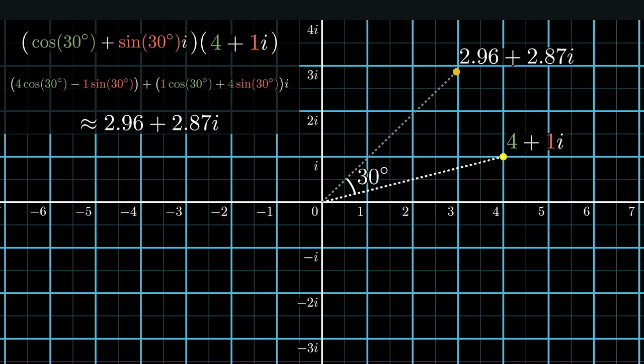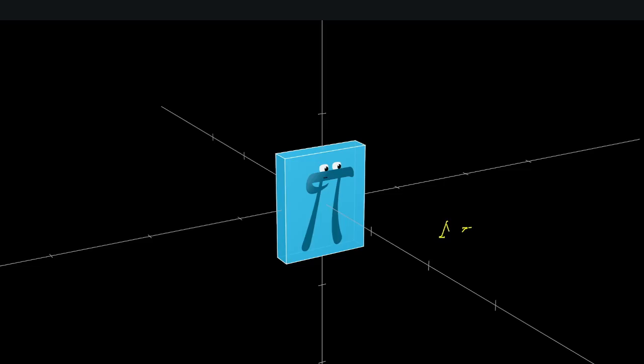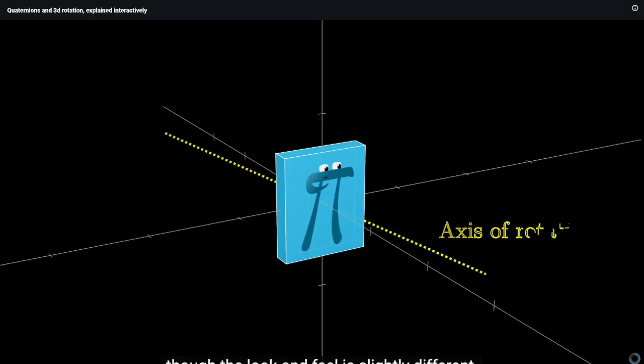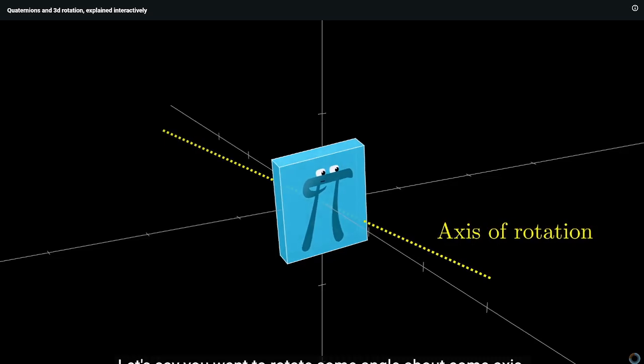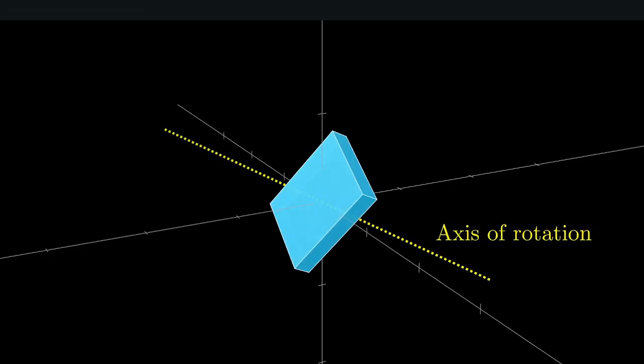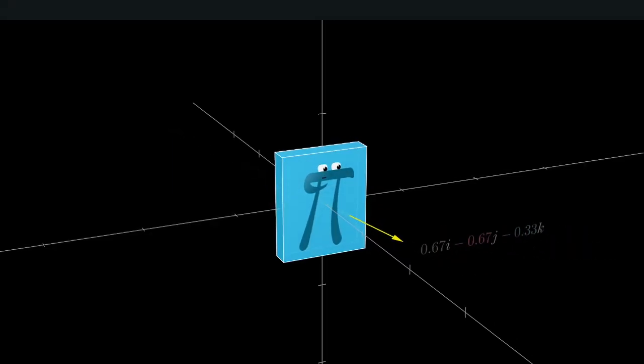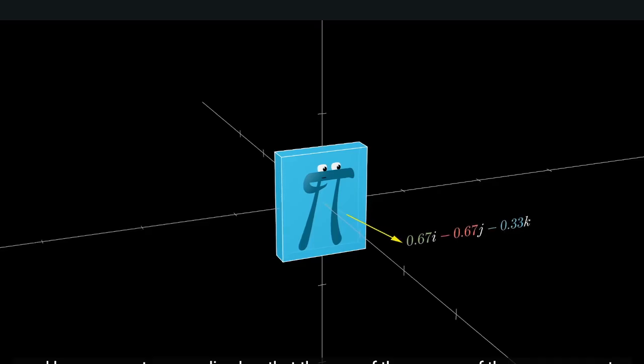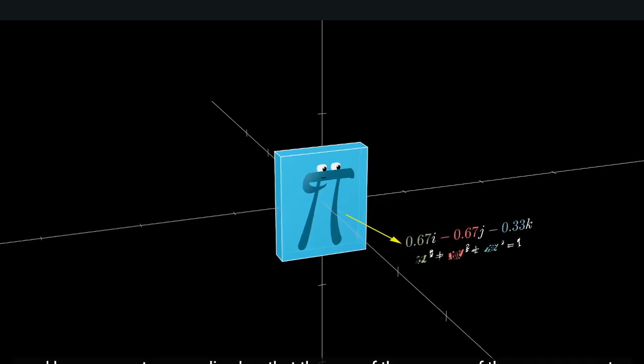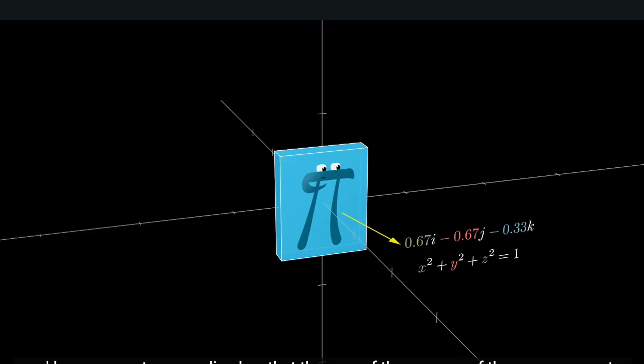Using quaternions to describe 3D rotations is similar, though the look and feel is slightly different. Let's say you want to rotate some angle about some axis. You first define that axis with a unit vector, which we'll write as having i, j, and k components, normalized so that the sum of the squares of those components is 1.